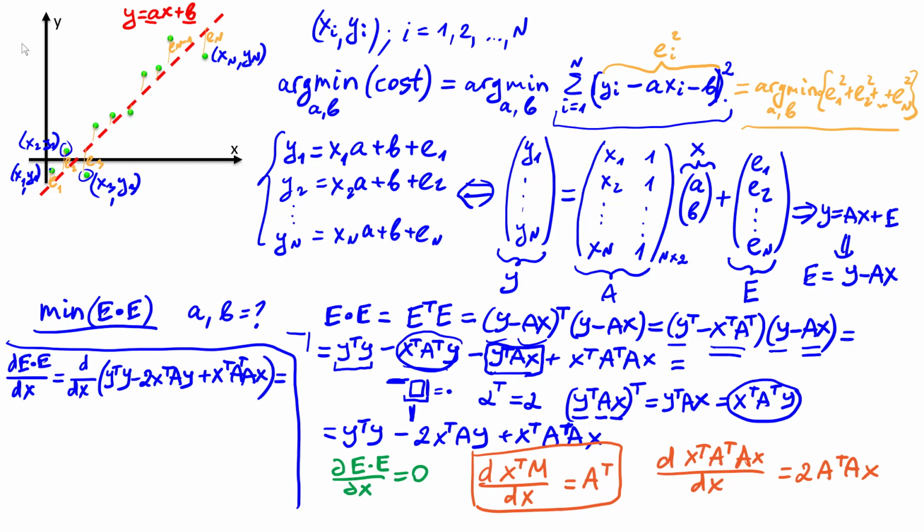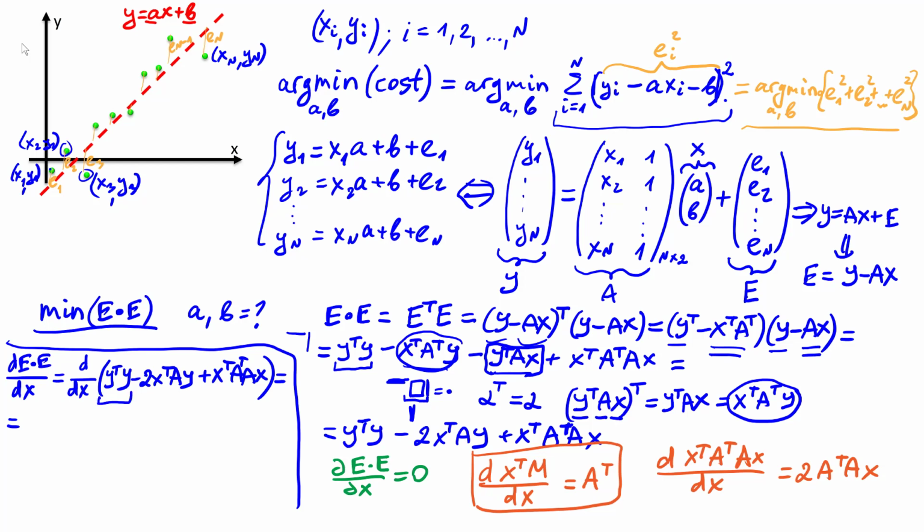And this equals, based on the formula that I just gave you, first of all, the derivative of y transpose y is 0 because this is not a function of x at all. So this thing disappears.